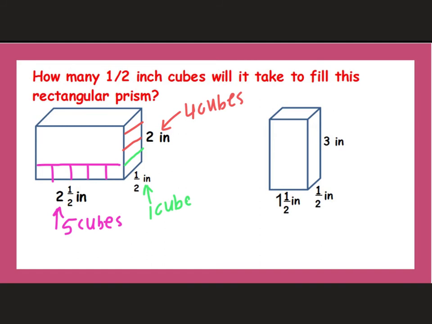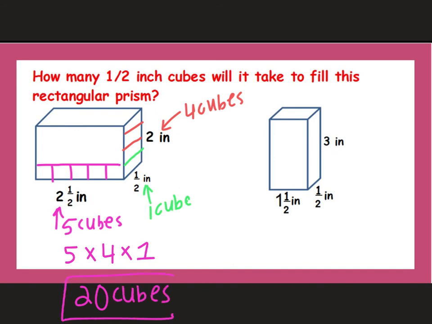So we're still doing length times width times height, but in this case, we're using the cubes number. So we need to do 5 times 4 times 1, or 5 times 1 times 4, either one. So length times width times height for the cubes, 5 times 4 is 20, 20 times 1 is 20. So my answer is that I can fit 20 cubes inside that rectangular prism.